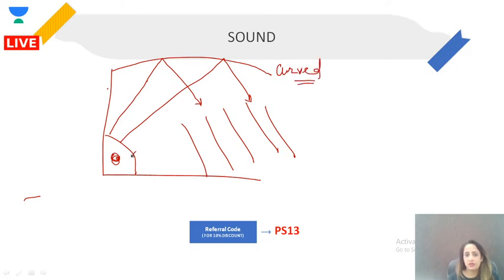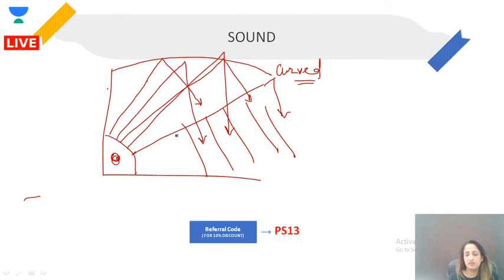So that sound waves can reach each and every corner of that theater, right? So that is, again, this phenomenon of reflection of sound waves that we use in theaters and in cinemas.